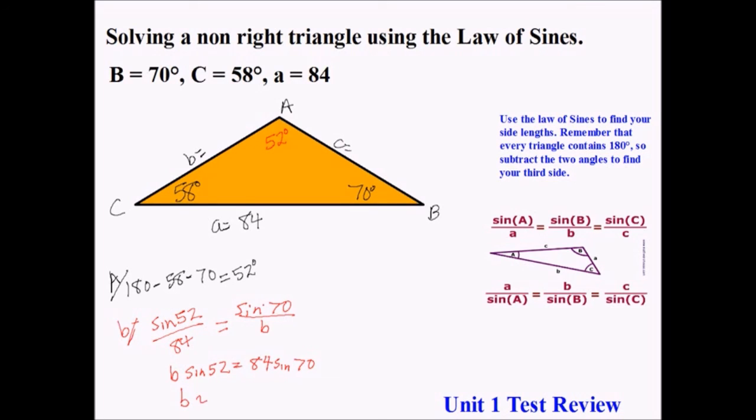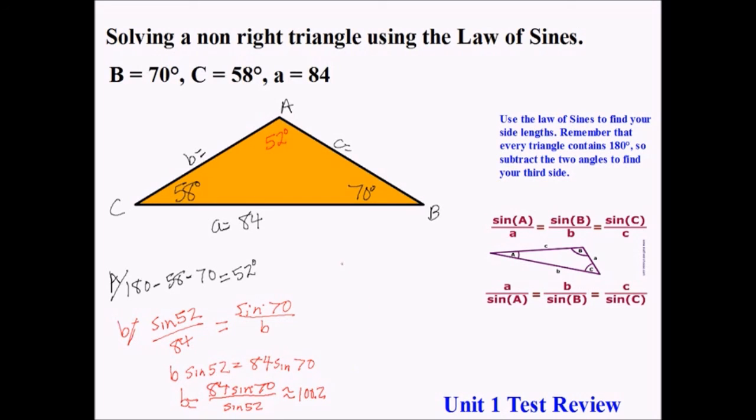So b is approximately, well, not approximately, b is equal to 84 sine 70 over sine of 52, which is approximately 100.2.